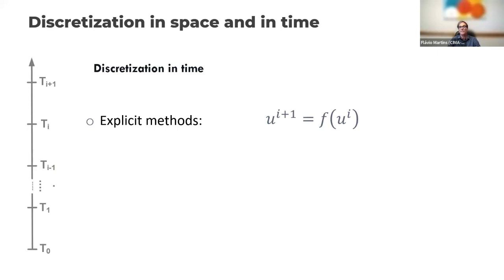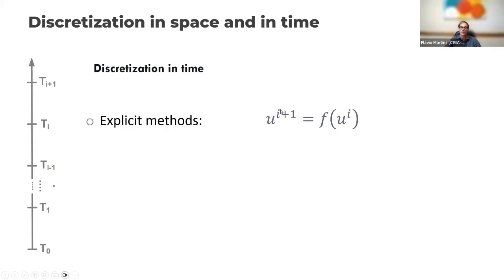Okay, and there are many ways of doing that. If in every point of my grid I compute the new value, where i is time, i plus 1 is the new time that I'm computing, and i is the old time that I already know.